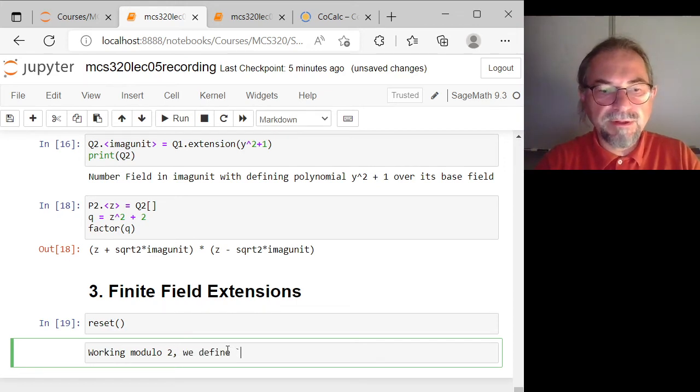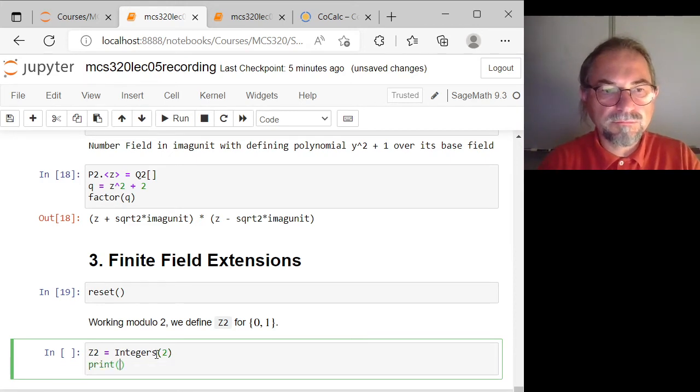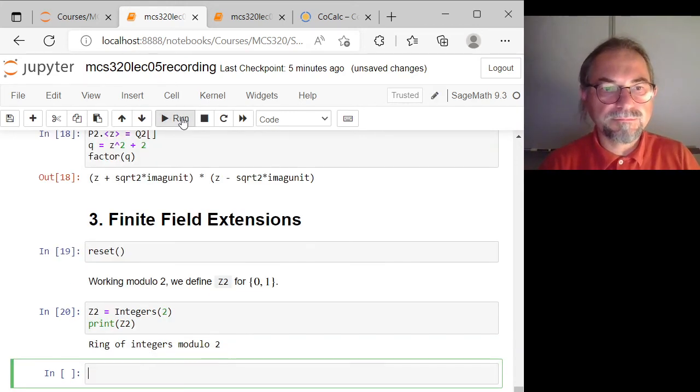We define z2 for the set of bits 0 and 1. z2 is the abbreviation for the integers mod 2, a ring of integers modulo 2.